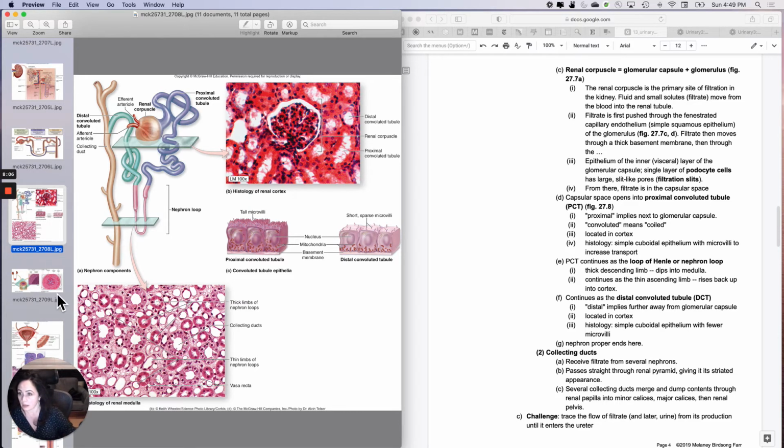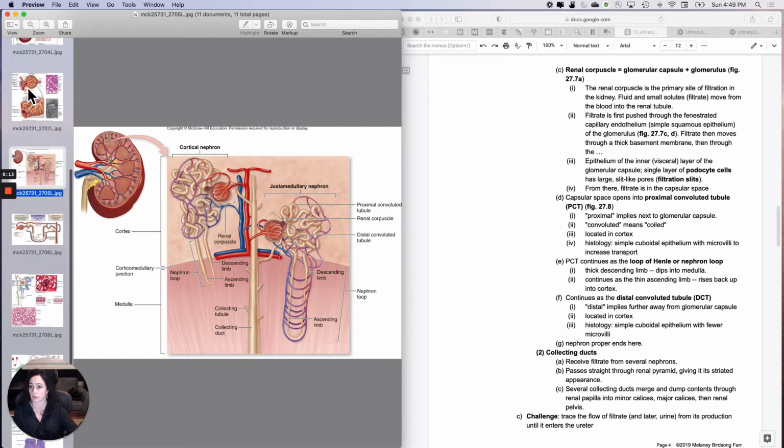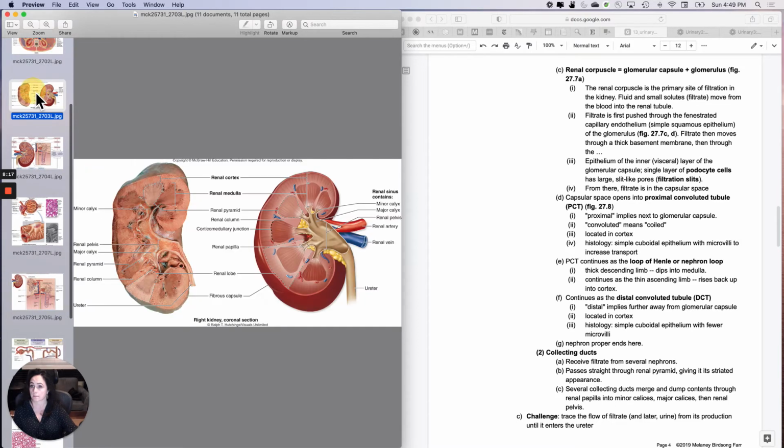So to put all of this process that we were just talking about into context, let's go back to this figure. Your nephrons are going to be either all the way up in the cortex or at the junction between the cortex and the medulla.